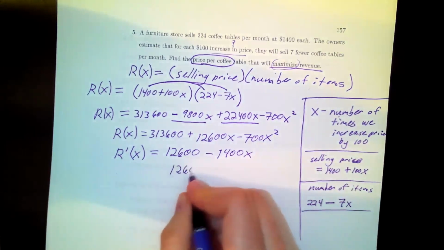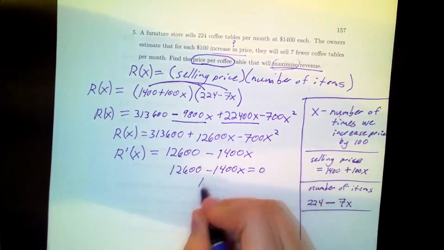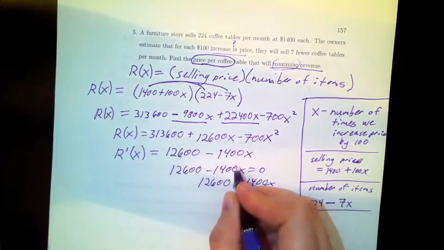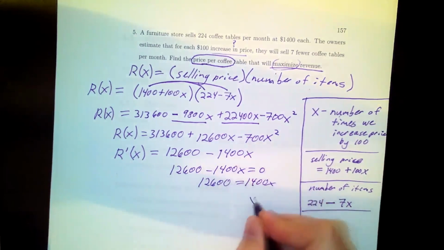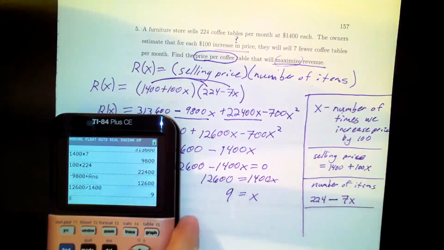Now I set this equal to 0 and solve for x. I add this term to the other side, divide both sides by 1,400, and get 9. So x is 9.